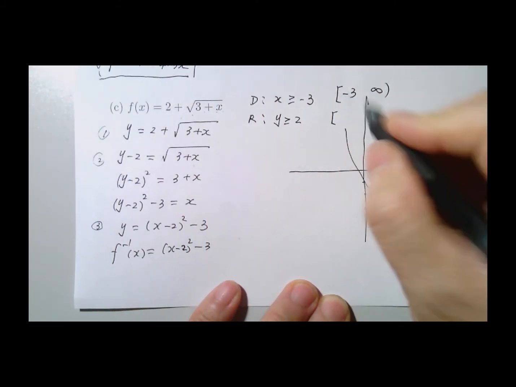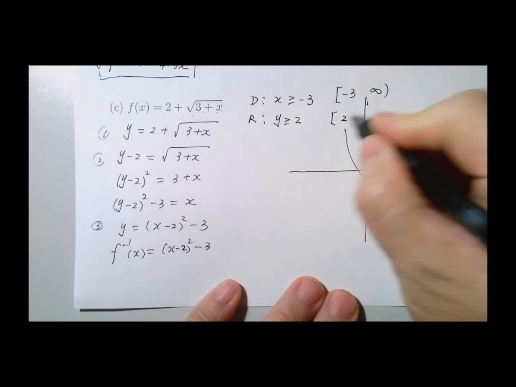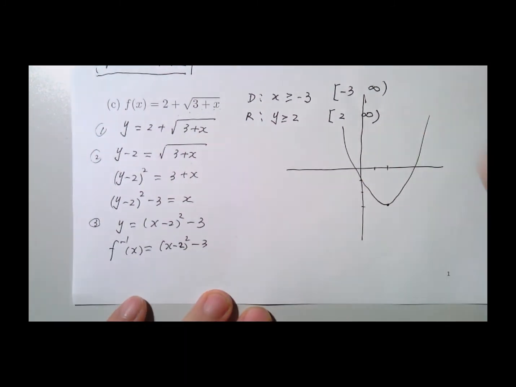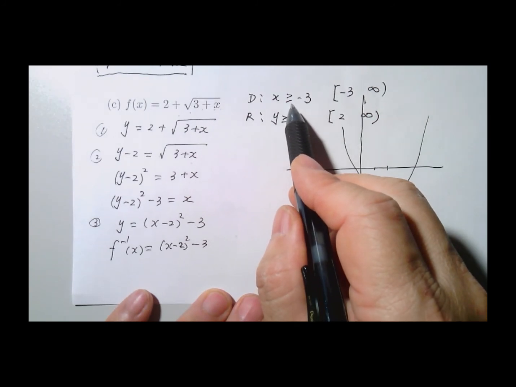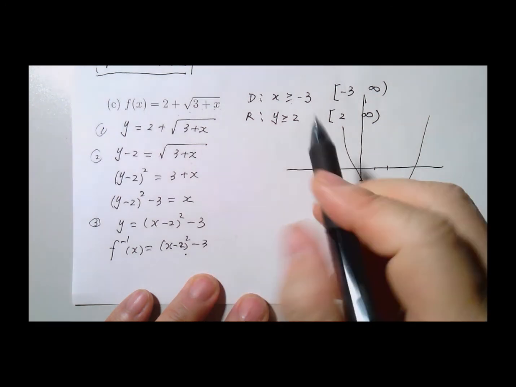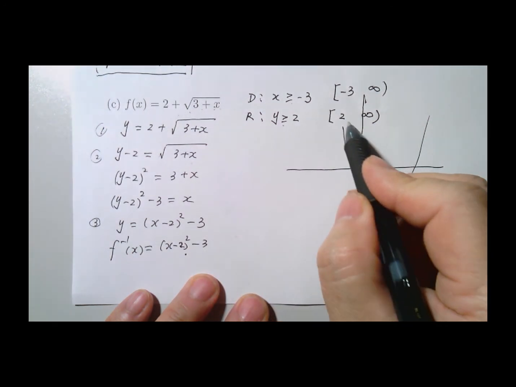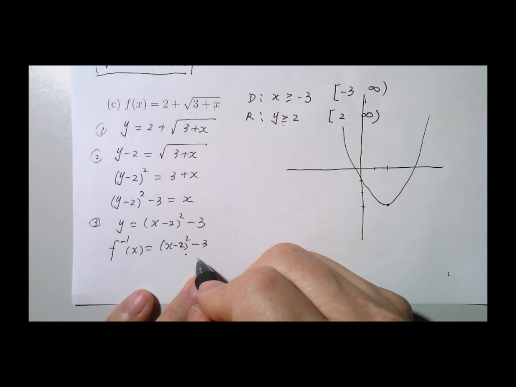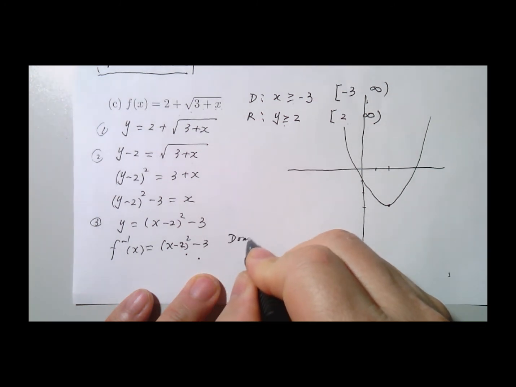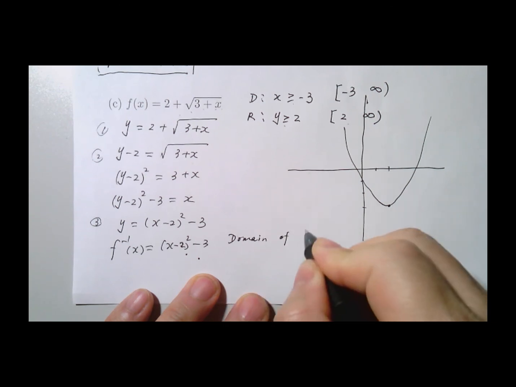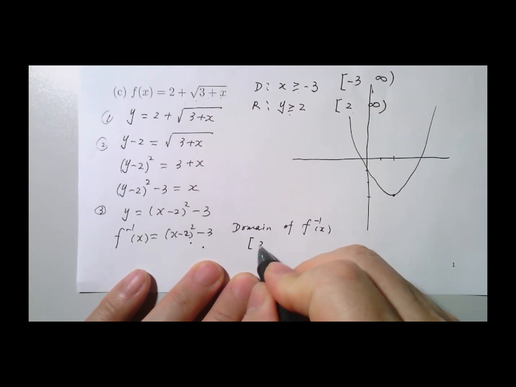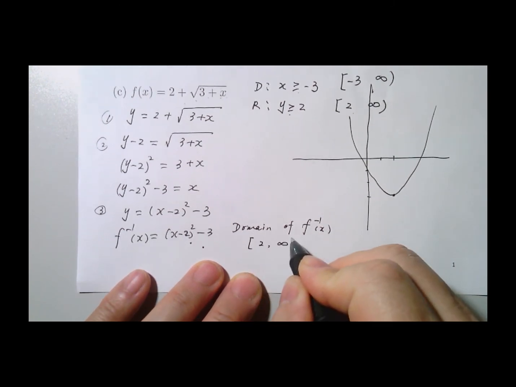That's from 2 to infinity. Remember, the original function's domain becomes the inverse function's range, and the original function's range becomes the domain of the inverse. So now the domain of f inverse in this case is 2 to infinity.